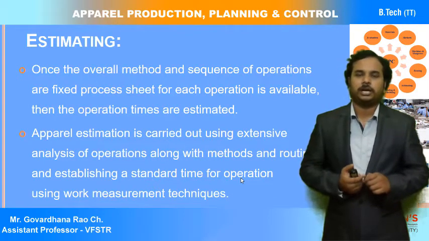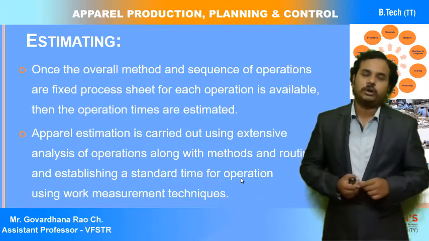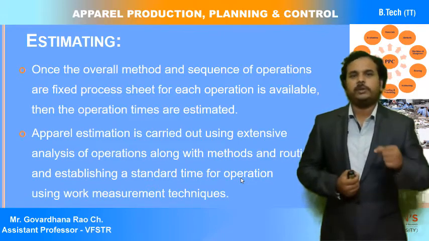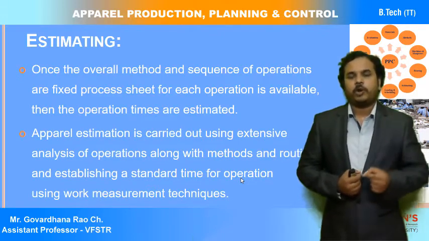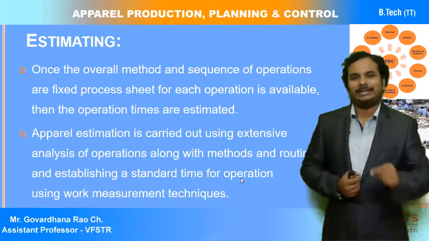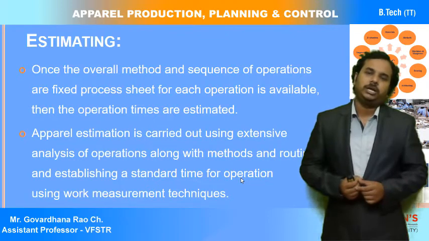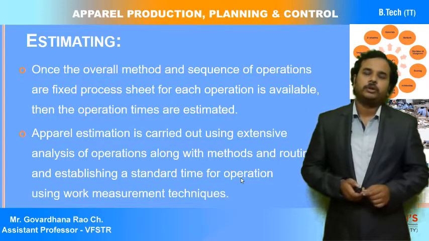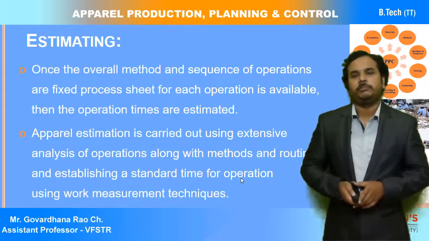These work measurement techniques are used to estimate each and every operational time. Generally in the garment industry we call it SMV. This calculates, for each operation, exactly how many seconds it takes to complete that operation. So we are estimating the operational time.